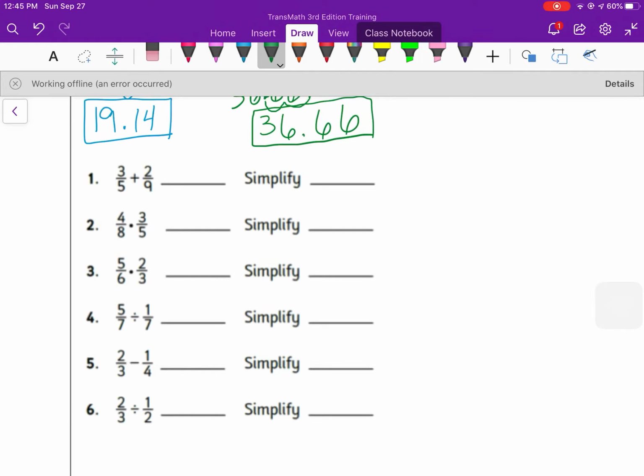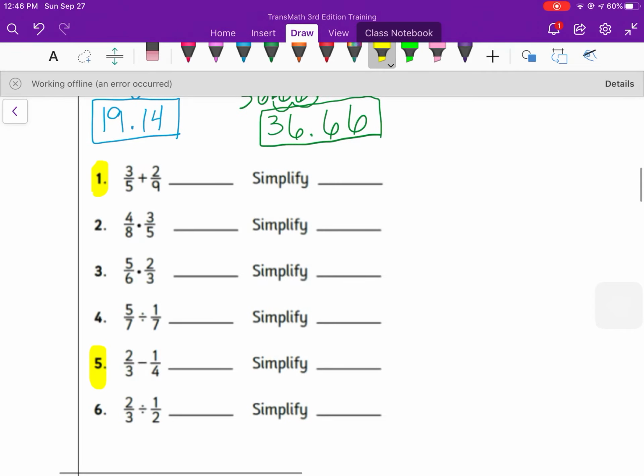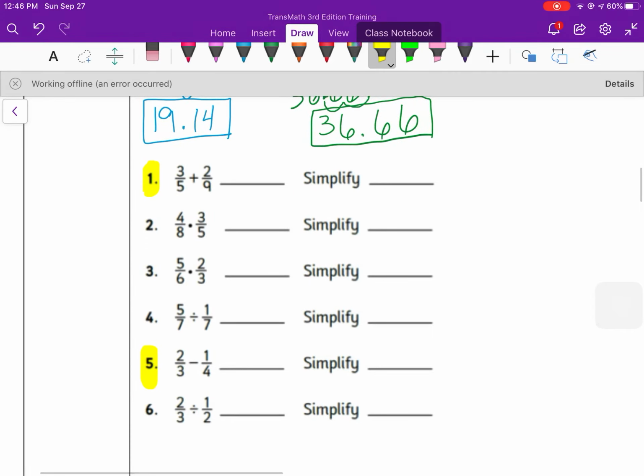I want to review a few fraction operations. So remember for adding and subtracting, which would be like numbers 1 and 5, you must have a common denominator.